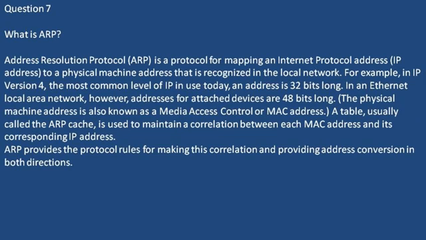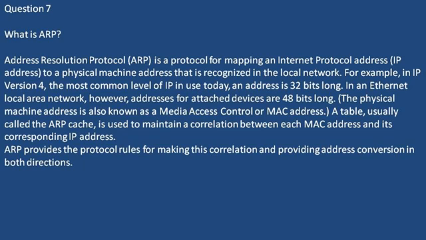Question number 7. What is ARP? Address Resolution Protocol. ARP is a protocol for mapping an Internet Protocol address (IP address) to a physical machine address that is recognized in the local network. For example, in IP version 4, the most common level of IP in use today, an address is 32 bits long. In an Ethernet local area network, however, addresses for attached devices are 48 bits long.